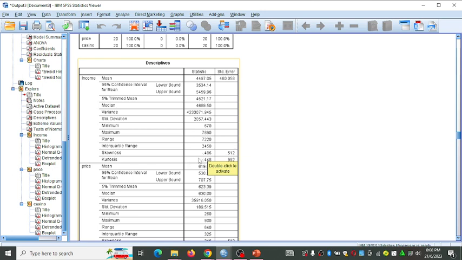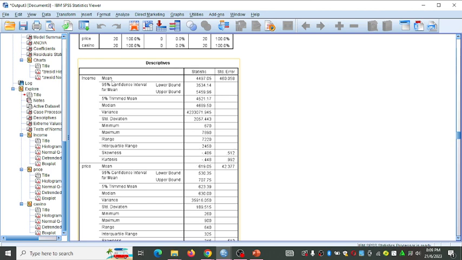We will use these two to understand how the distribution behaves, whether it's leptokurtic or the other one. Then from there, we will use the normality test output to draw conclusions.